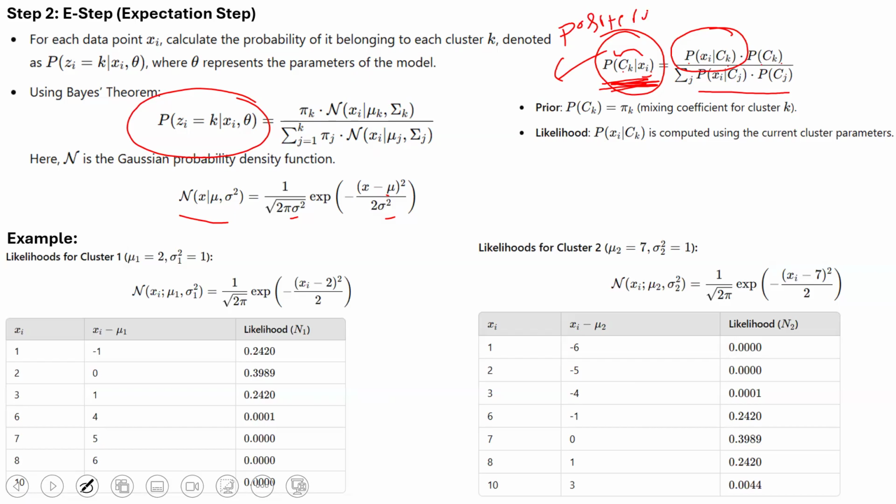Now in step 2, in the expectation step, you are trying to calculate this likelihood.